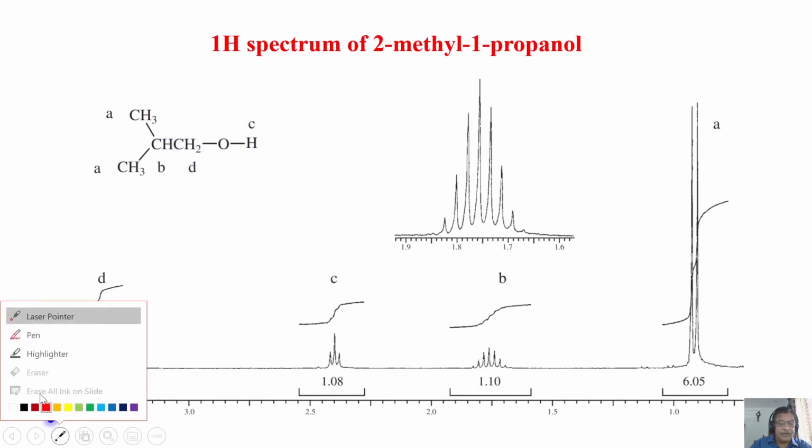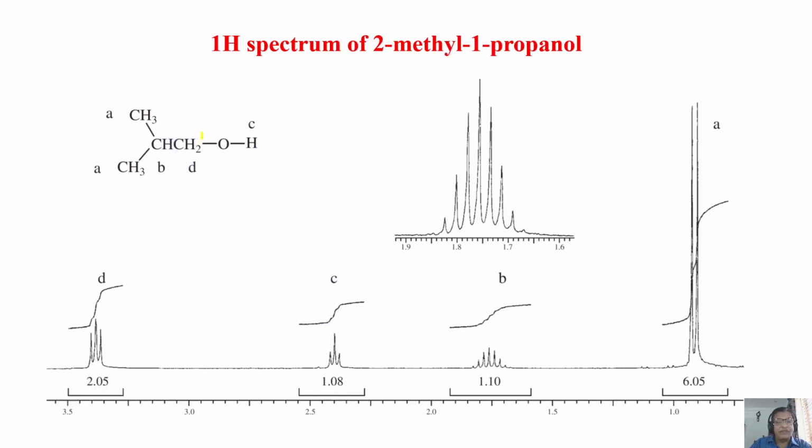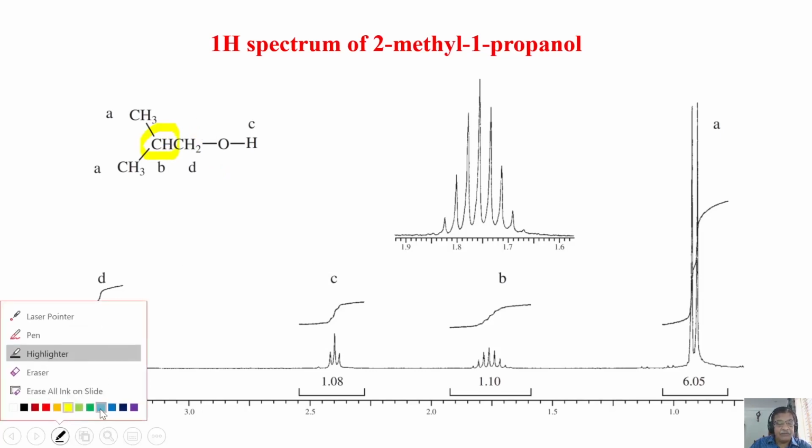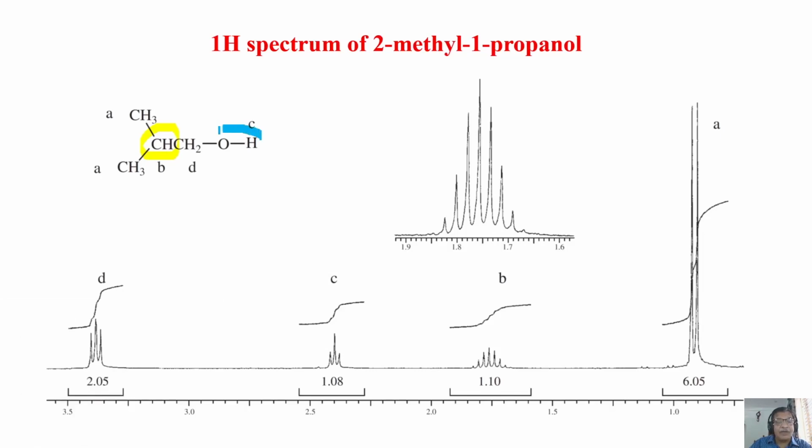The CH2 here is coupled to CH, and also it is coupled to OH. It has to couple to OH because we have seen for OH a triplet. That means the CH2 is coupled to OH and also the CH, two individual single protons. Then what is the pattern we expect?